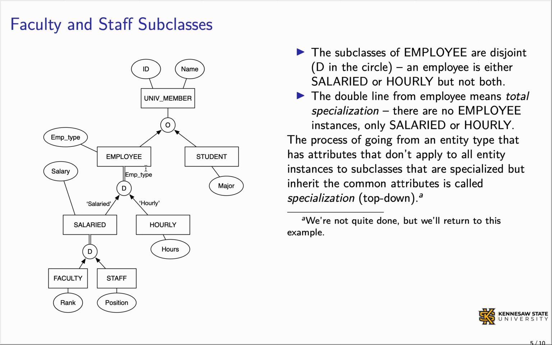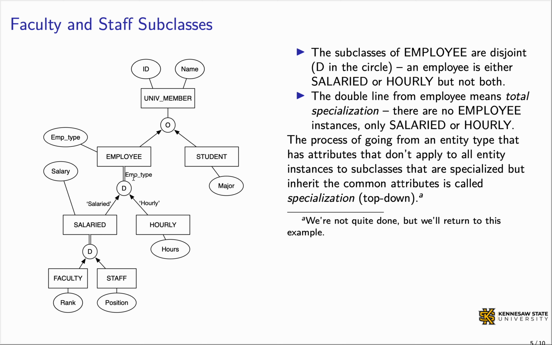Notice two differences here. First, we have a double line coming from employee to the circle with a D in it. And that double line means that you can't have instances of employees. Every instance must be some subclass of employee, either salaried or hourly in this case.